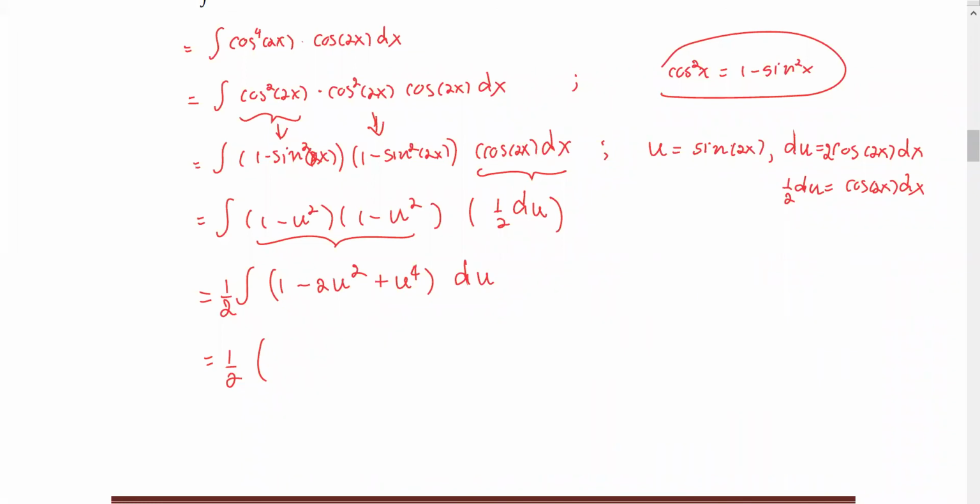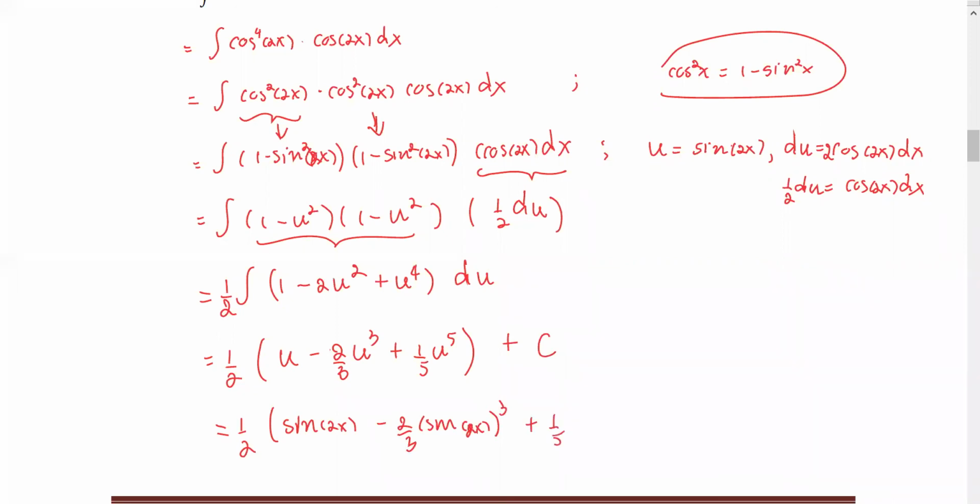So the integral of that with respect to u is u minus 2 over 3 u to the 3rd plus 1 over 5 u to the 5th, and then plus c. The last step, replace u with sine of 2x to finish up the problem. So sine of 2x minus 2 over 3 sine of 2x to the power 3 plus 1 over 5 sine of 2x to the 5th, and then plus c.